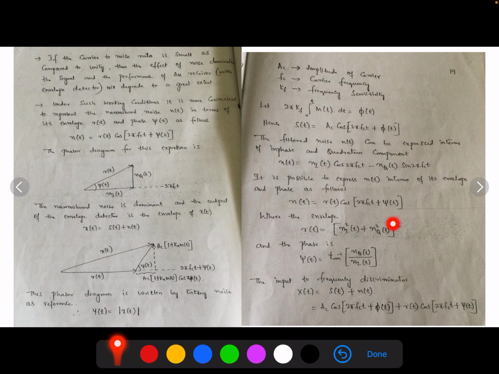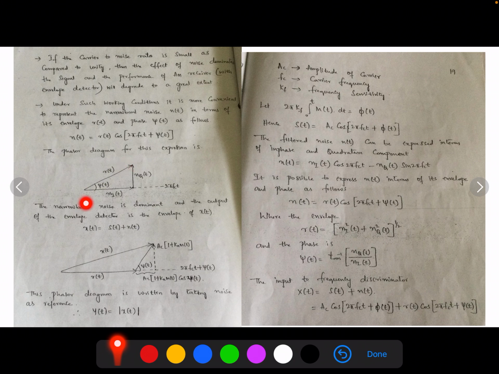How do we get this? We need to look into the diagram here. R of t into cos of 2 pi fct plus the angle psi of t, where R of t is obtained from the Pythagoras theorem.